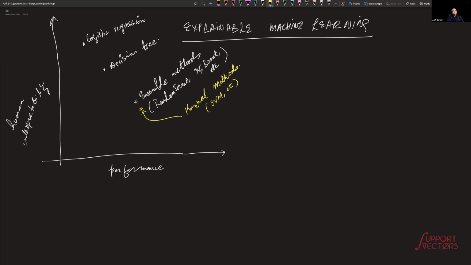So to say that I have a linear decision boundary in an infinite dimensional space is not terribly useful to a common man on the street in being able to understand what exactly is the implication of each of these factors in, let's say, you take a real life situation.